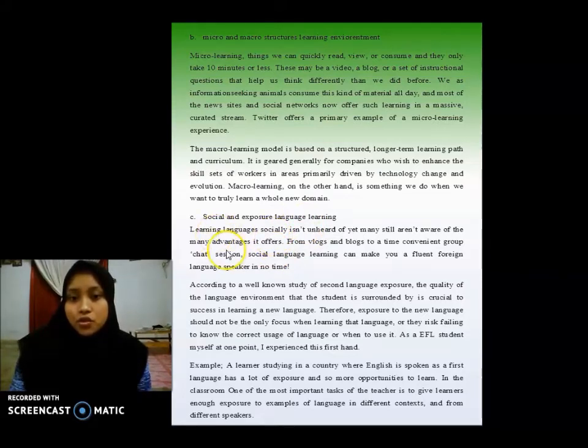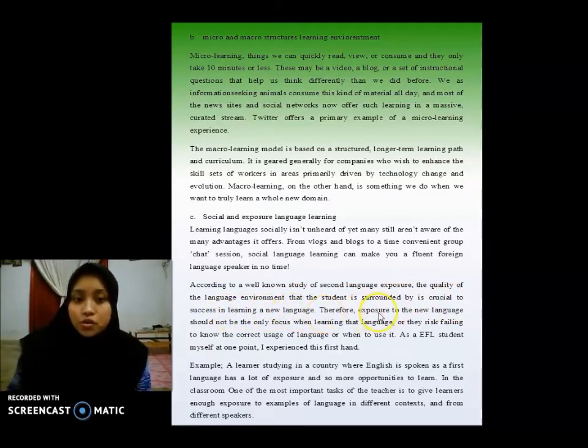Next, social and exposure language learning. According to a well-known study of second language exposure, the quality of the language environment that the student is surrounded by is crucial to success in learning a new language.